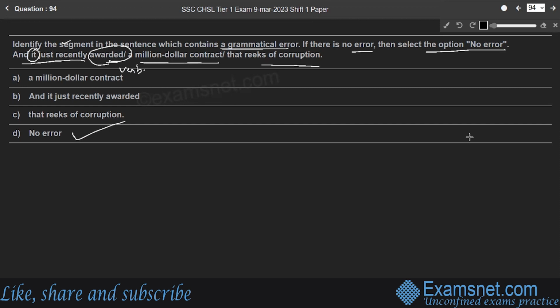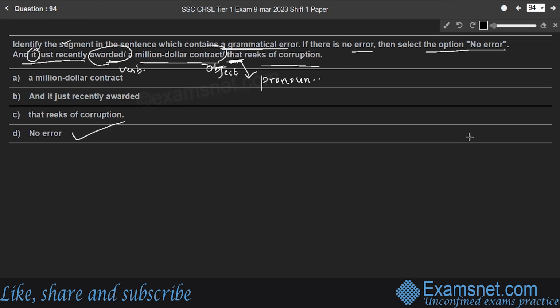And the object is "$1 million contract", which is placed correctly after the verb. The relative pronoun "that" is used correctly to introduce the subordinate clause, "that reeks of corruption".